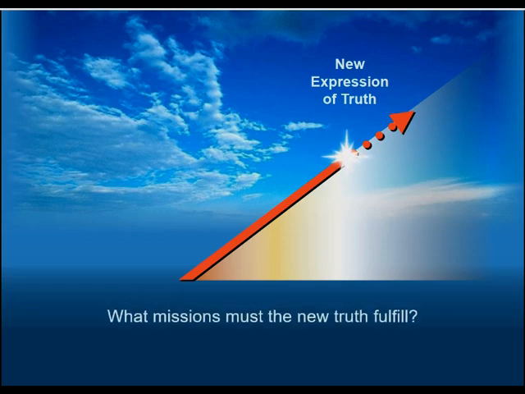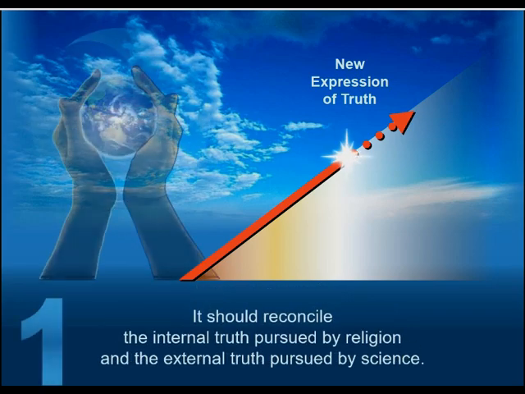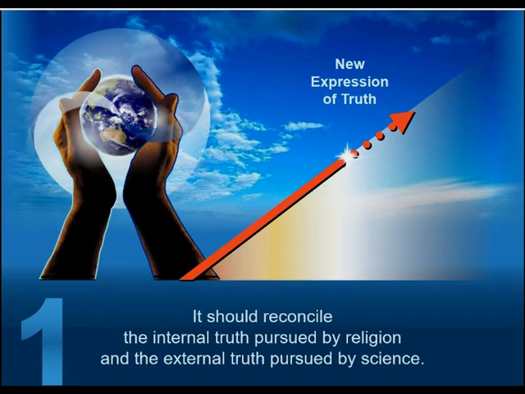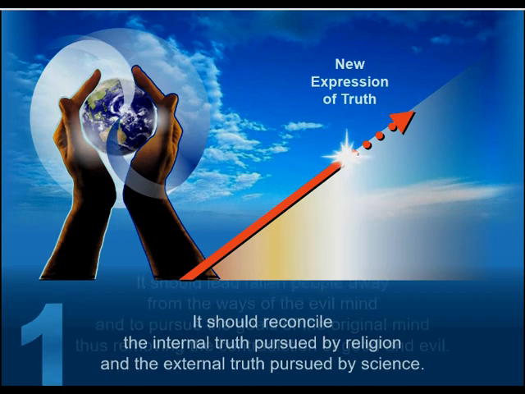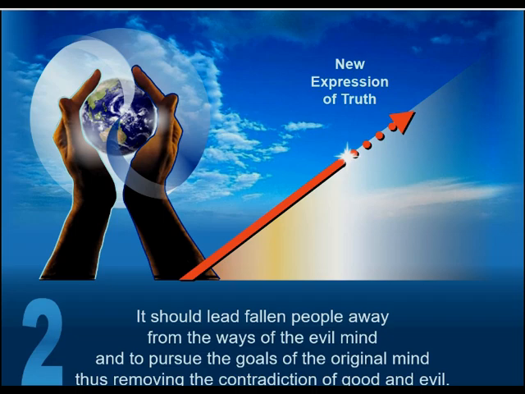What missions must the new truth fulfill? It should reconcile the internal truth pursued by religion and the external truth pursued by science. It should lead fallen people away from the ways of the evil mind and pursue the goals of the original mind, thus removing the contradiction of good and evil.